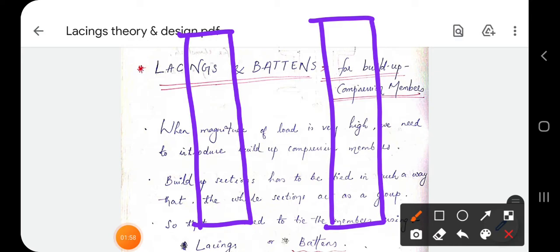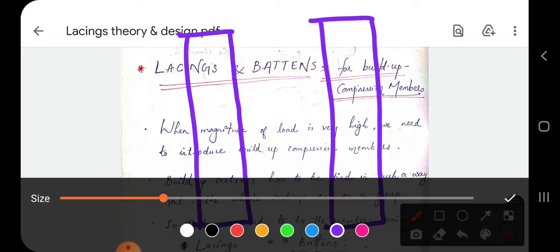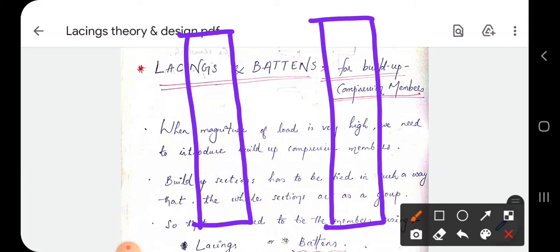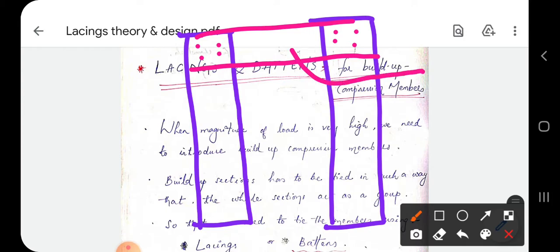We can see the flange portion of the channel of both of them, and these are to be connected in such a way that the column section will act as a single member, and it is done by using lacings and battens. Battens are these horizontal members which are used to connect the main members. This is a batten.